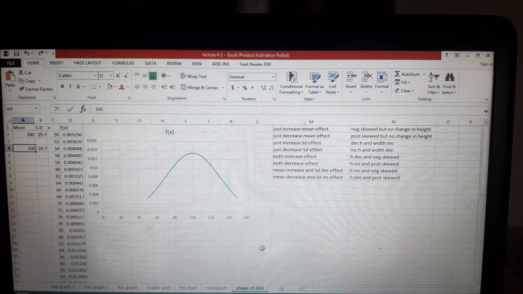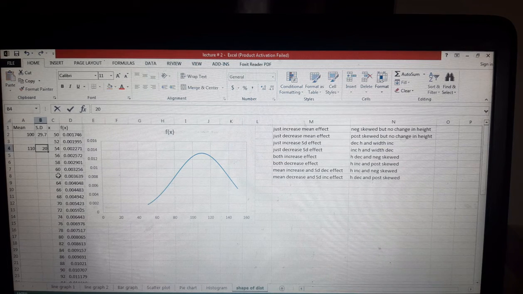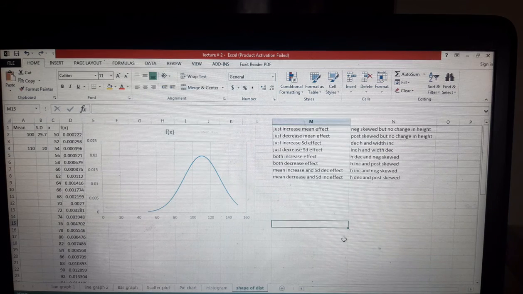If we increase the value of mean and decrease the value of standard deviation, what will happen? Height of the distribution increases and the distribution becomes negatively skewed.